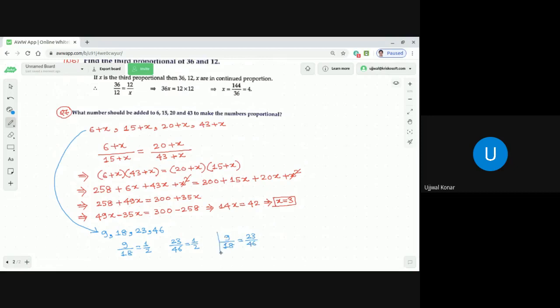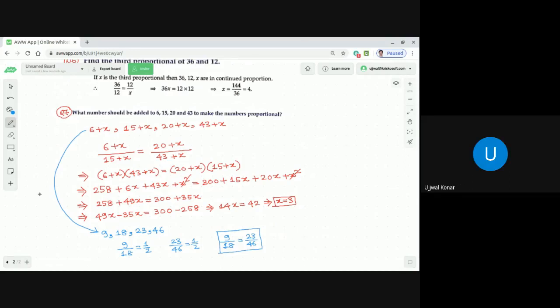This shows that the value of what has to be added, that 3 which has to be added to all the four quantities, is correct. I wrote in blue just to make sure that whatever value you found is correct. Clear, no? Very good.